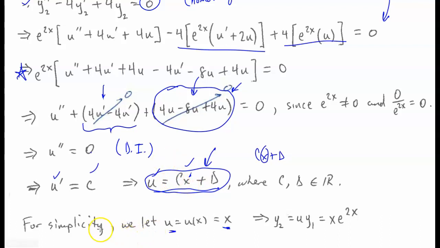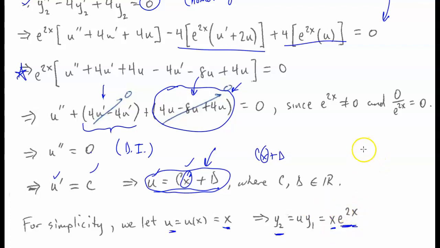All right. So now that we know that we're going to let u, which is u of x, just equal x in this case, because this is a root function for this outcome here, we now know that our y sub 2 function, meaning our other function that should be a solution to the ordinary differential equation, is just going to be x times e raised to the 2x.